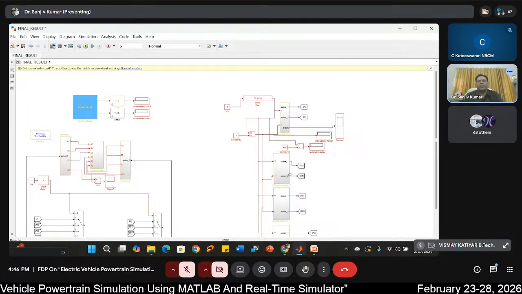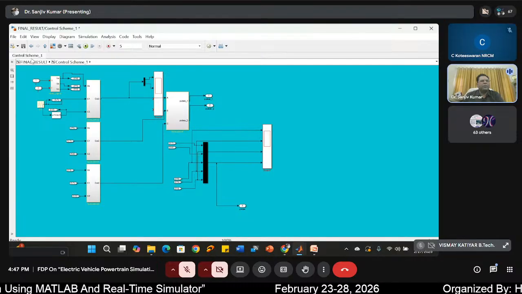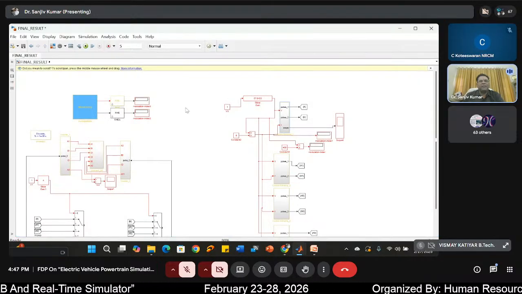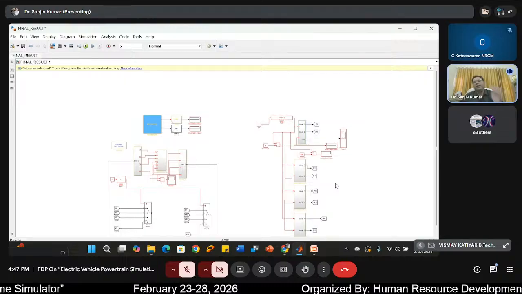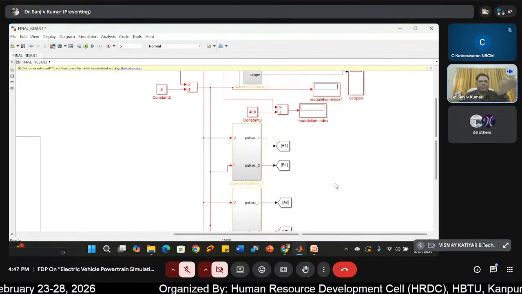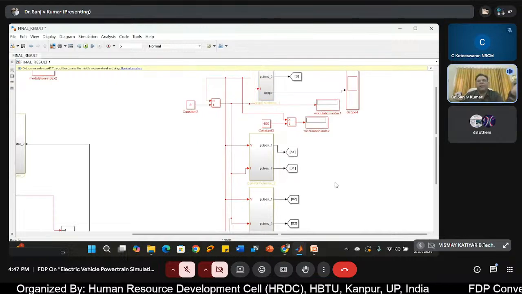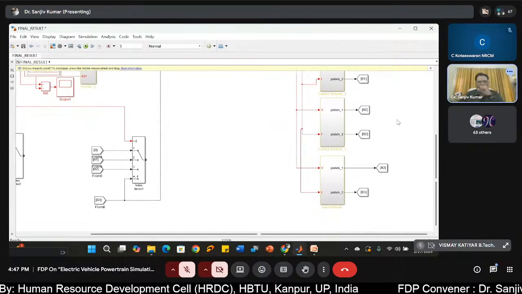Different types of control schemes we have developed. In this simulation four control schemes are being compared, but I am not going to tell all those, or rather not going to share, because of the limitation of time.